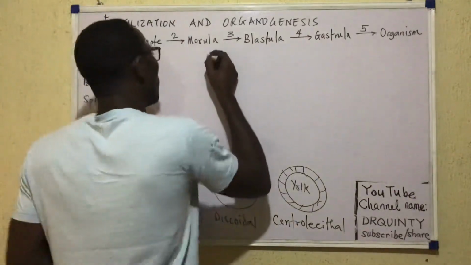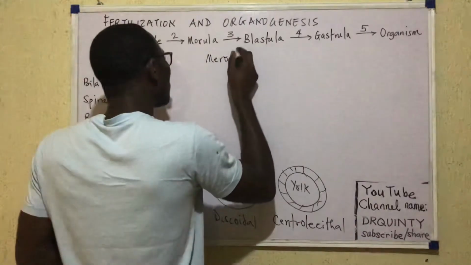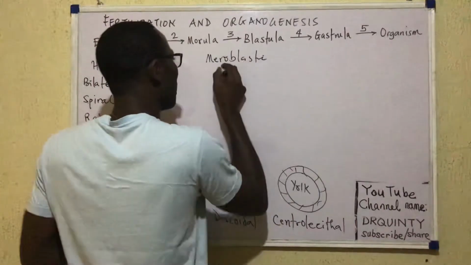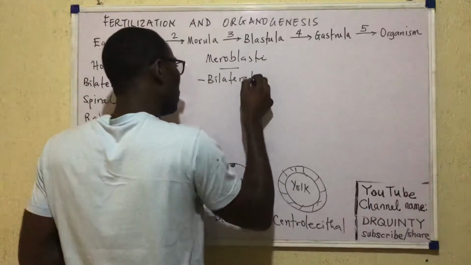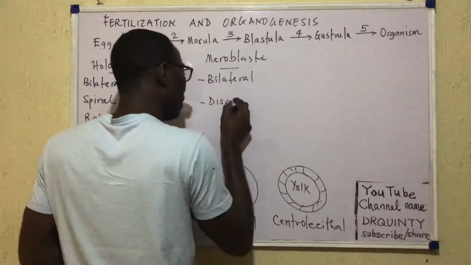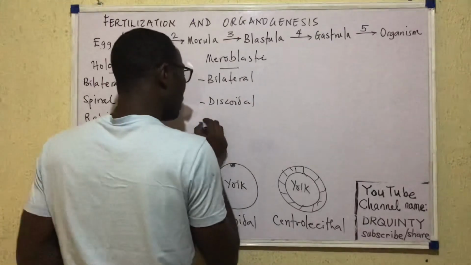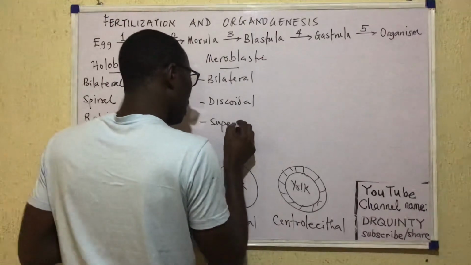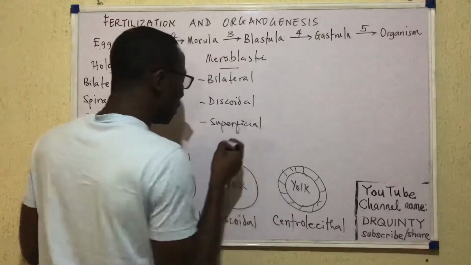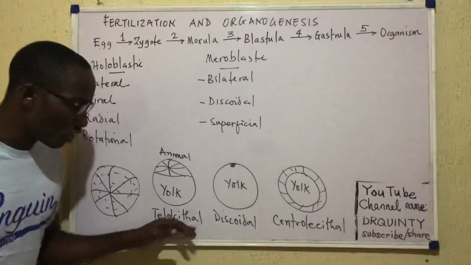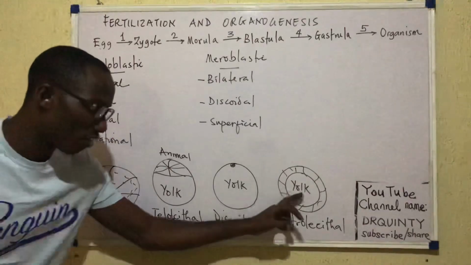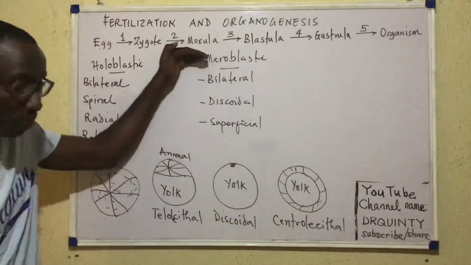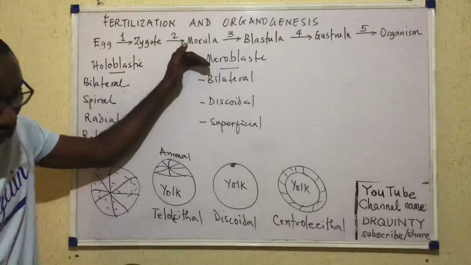Whereas for meroblastic, the patterns we have are bilateral, discoidal, and superficial. And interestingly, these three patterns occur in these three situations. Remember that in these three cases where you have plenty yolk, the cleavage must be meroblastic. We settled that part already.